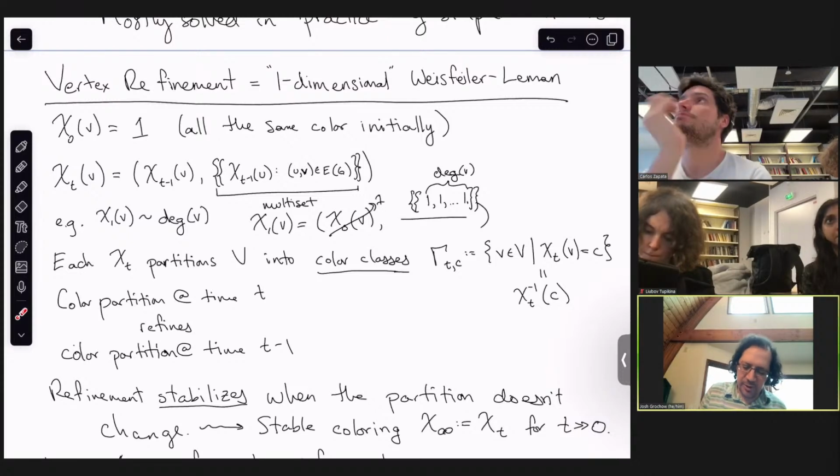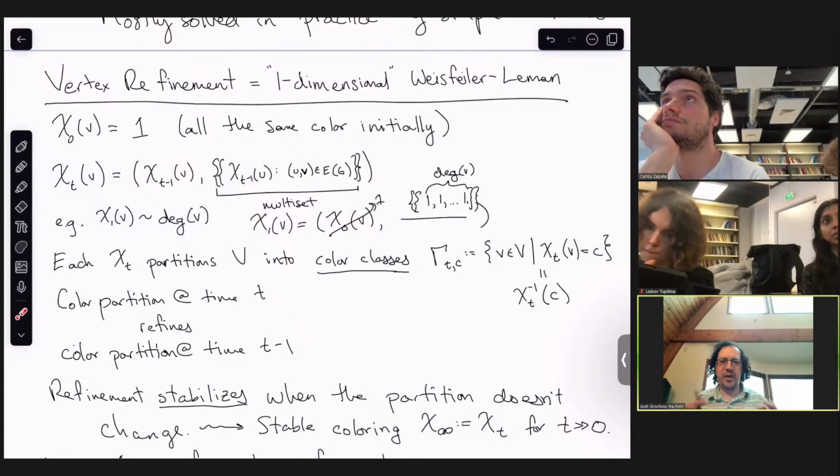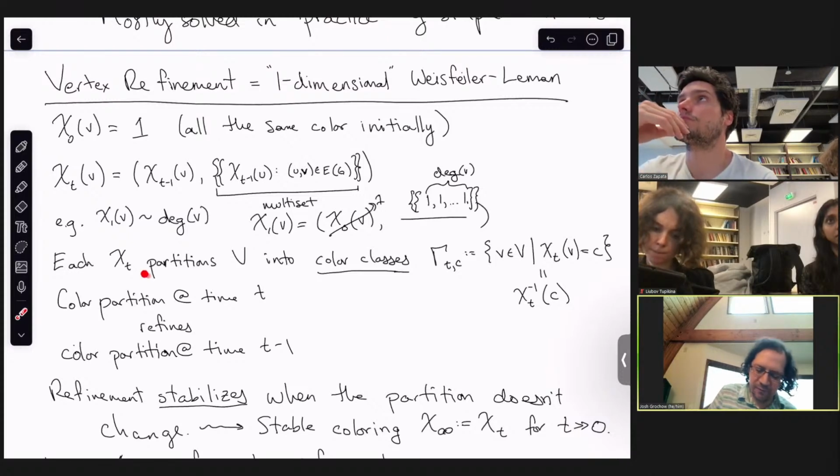Because we have this pair, and the pair includes the old color, that ensures that our partition only ever gets finer. That means eventually this process has to stop: the partitions have to stop changing at some time t.